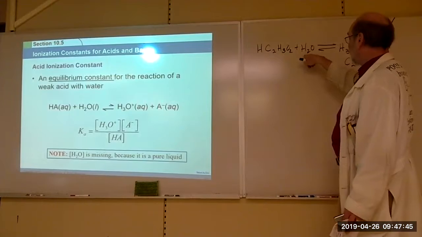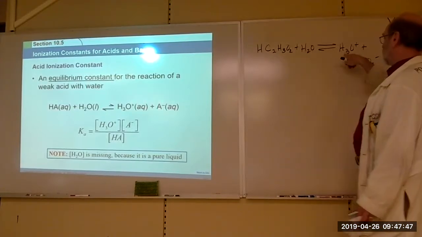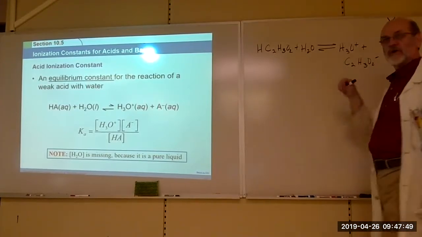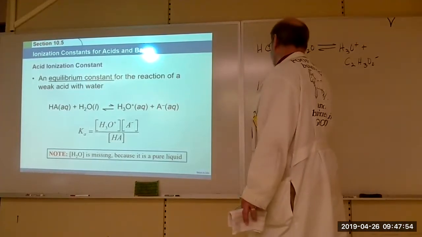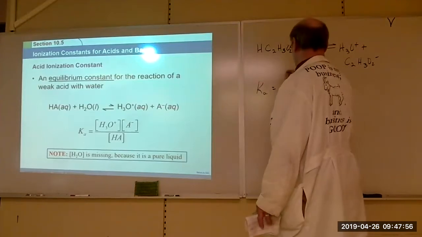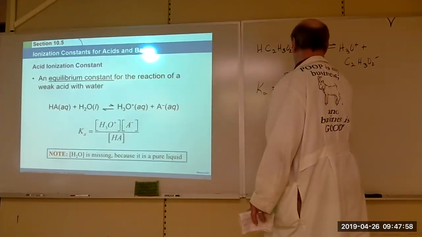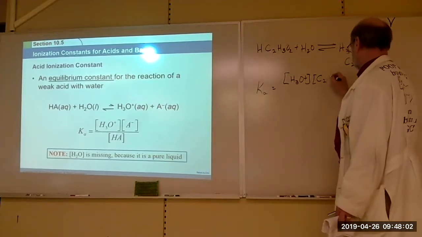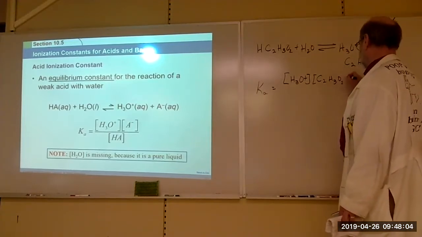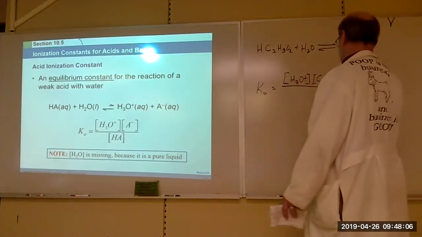There's your base, water acting as a base, making the hydronium, which is your conjugate acid. The expression here, Ka, would be this one times this one divided by this one.